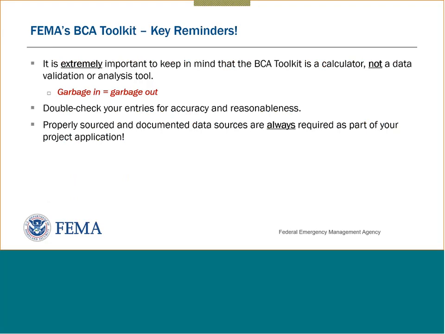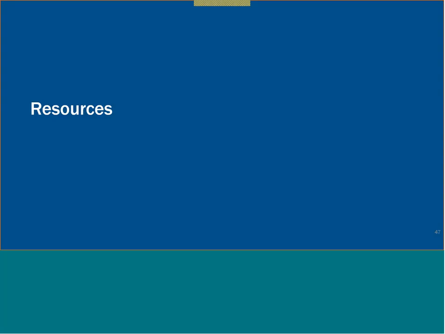So if you give it a bad number, you won't get an accurate calculation and an accurate benefit cost ratio. So again, as I mentioned, double check, triple check, four times check your entries for accuracy and also reasonableness, and use the data that you've got documentation for. All right, next slide, please.